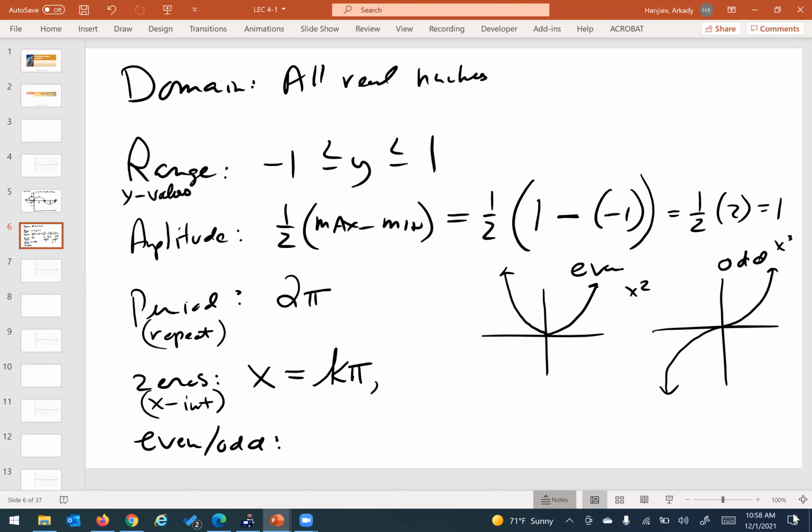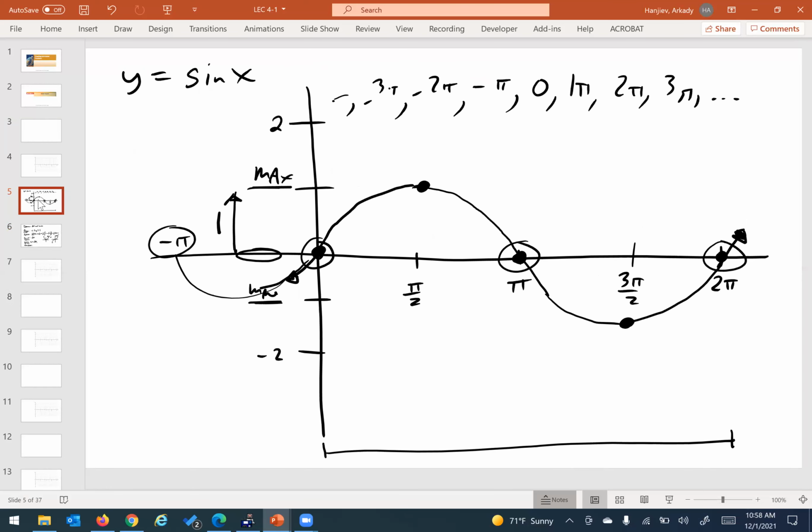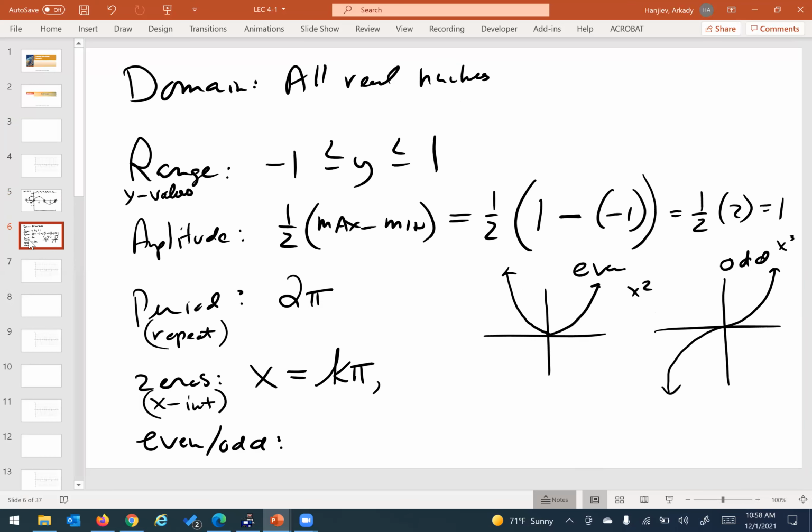You fold the y-axis and then the x-axis, then it folds on top of itself. So the sine graph itself, this is an odd function. Okay, now, what's the other stuff with odd functions here?